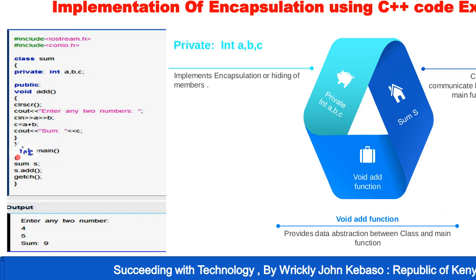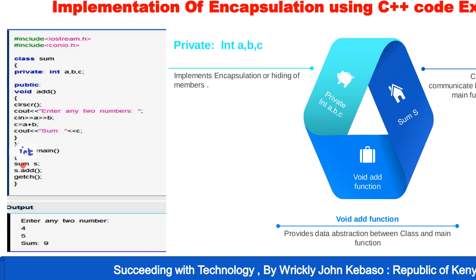Then we create what we call an instance variable, or what we refer to as an object variable, or a class variable. In this case, we are talking about sum. For this particular int main to be able to communicate with this class sum, it normally uses an object variable.